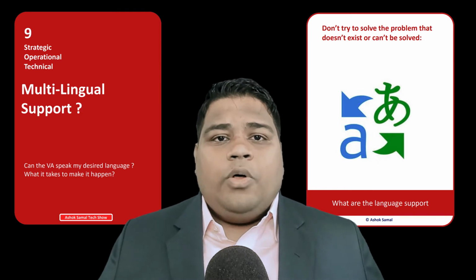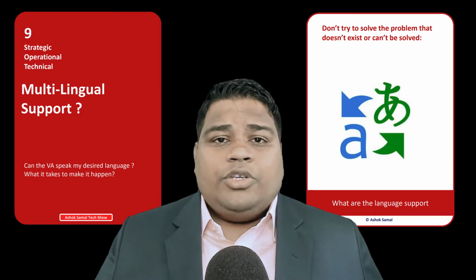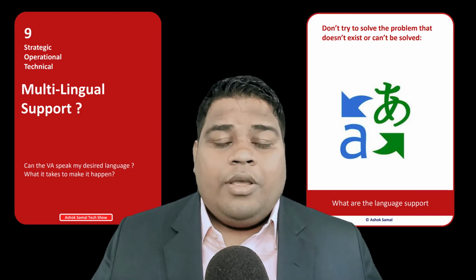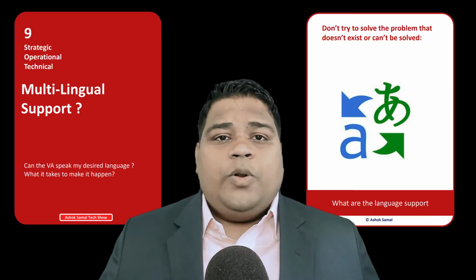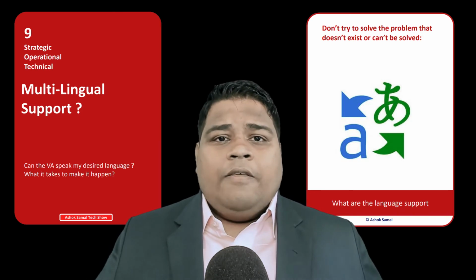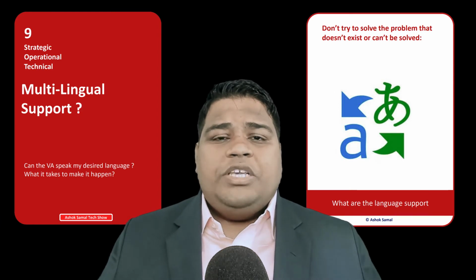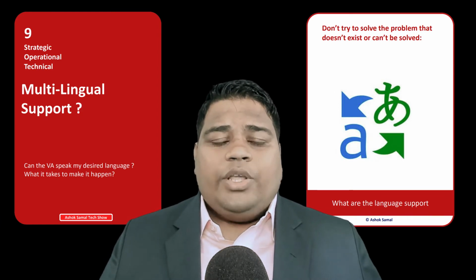For example, let's say the virtual assistant is trained and able to deliver answers in Swiss German. A person like me comes and asks a question in English, and the translator in the middleware will translate that English to Swiss German because that is the base language.